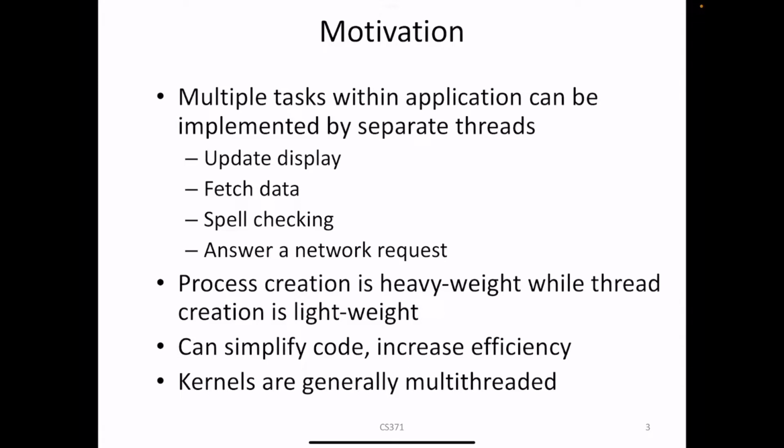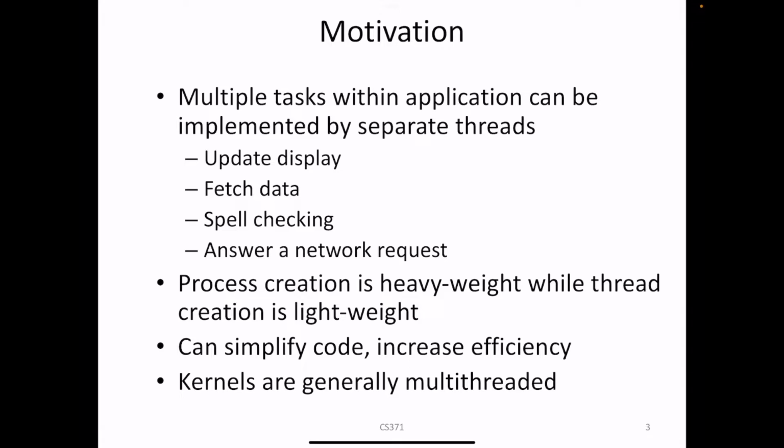The reason is that process creation and maintenance is heavyweight. However, thread creation and maintenance is lightweight. In a later slide, when we go through the details of the thread, you will know the reason why thread creation and maintenance is lightweight. So sometimes we want to use multi-threading instead of multi-processing.